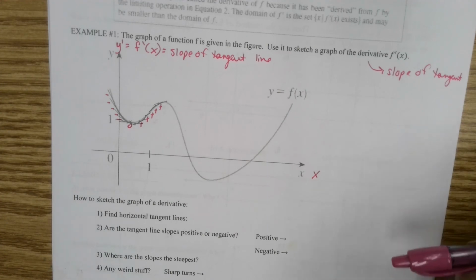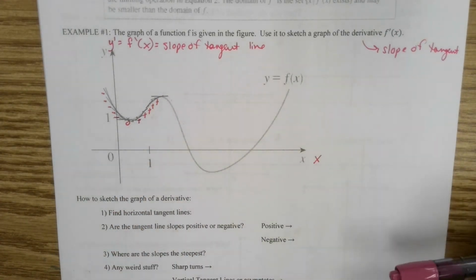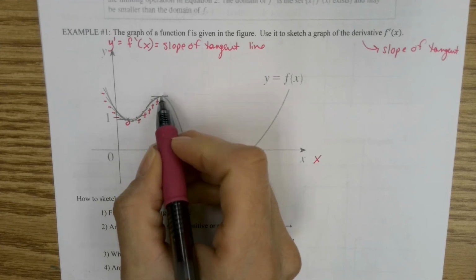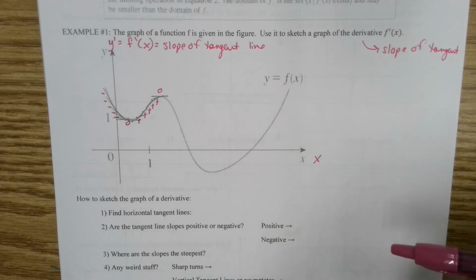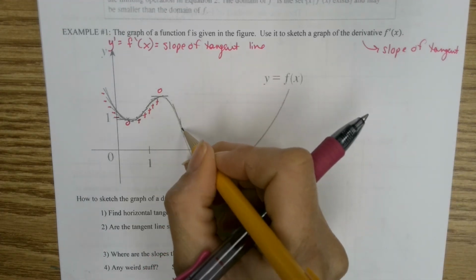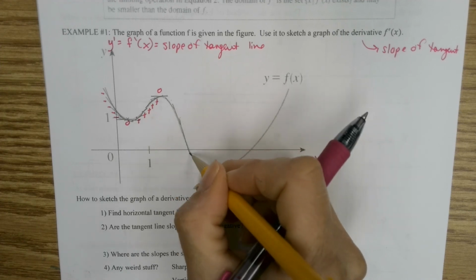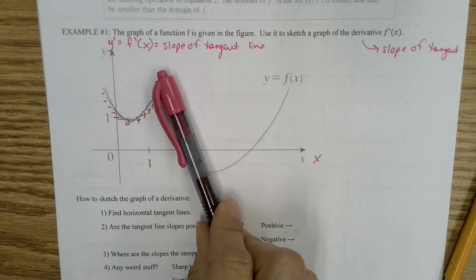But just when I get to the top of that function, I see yet again another horizontal tangent line. We know the slope of a horizontal line is 0. And then as we keep on going, you can draw more tangent lines in if you like. All of these tangent lines in this interval here are going to be negative slopes.